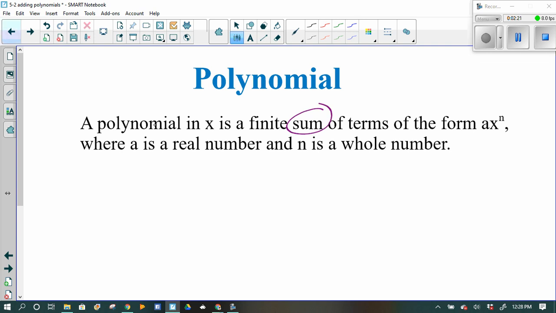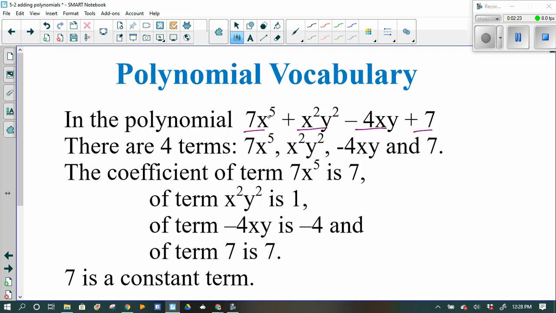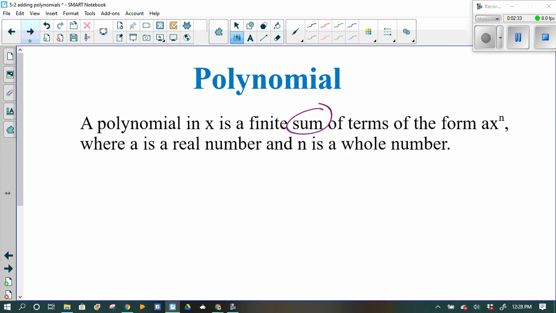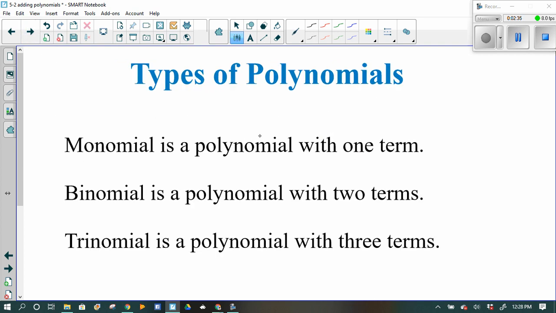If we go back and look at this example, 7x to the fifth plus x squared y squared minus 4xy plus 7, this is a polynomial. It's a sum of terms. Now a monomial only has 1 term, a binomial has 2, a trinomial has 3. Anything more than 3 terms is referred to as simply a polynomial. But these 3, 1, 2, and 3, have more specific names.